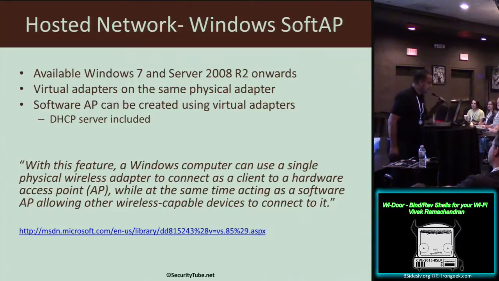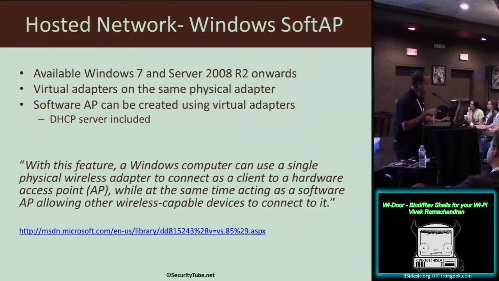On Windows, interestingly from Windows 7 onwards, they have a very interesting feature called hosted network. Now what is that? If you've never heard of it, you're going to be shocked today, right? Quoting from MSDN directly, with this feature, a Windows computer can use a single physical wireless adapter to connect as a client to a hardware AP, which is typically we connecting to our enterprise access point.